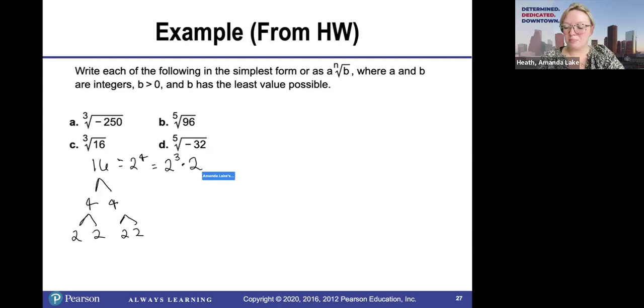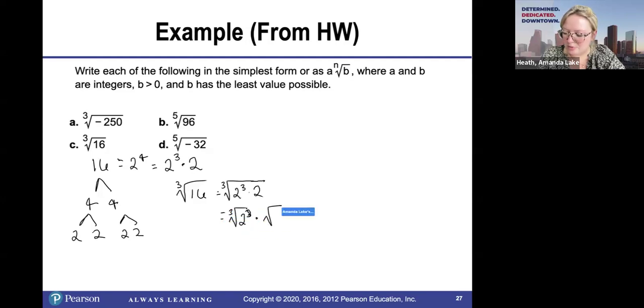So the cubed root of 16 is the same as the cubed root of 2 cubed times 2, which is the same as the cubed root of 2 cubed times the cubed root of 2. The cubed root of 2 cubed is 2, so we get 2 times the cubed root of 2. So this is our simplest version for part C.